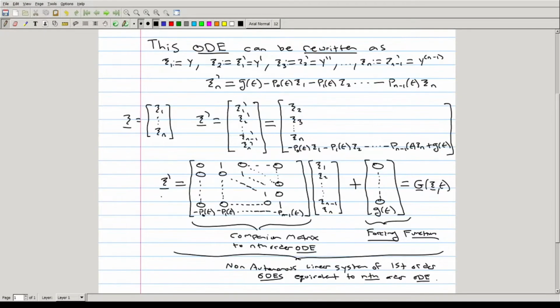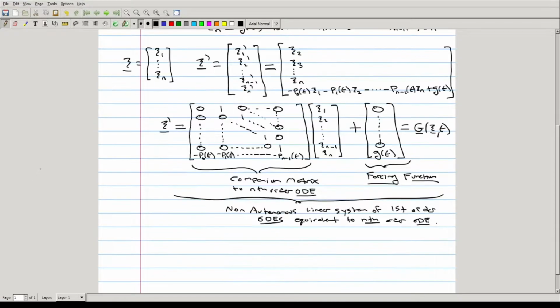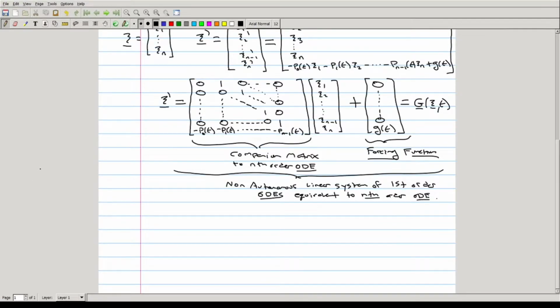Which means that if we can solve this linear system, we can solve this nth order ODE, and the solutions between the two should kind of match up and give us some similarities. And sure enough, we're going to see a lot of different similarities.